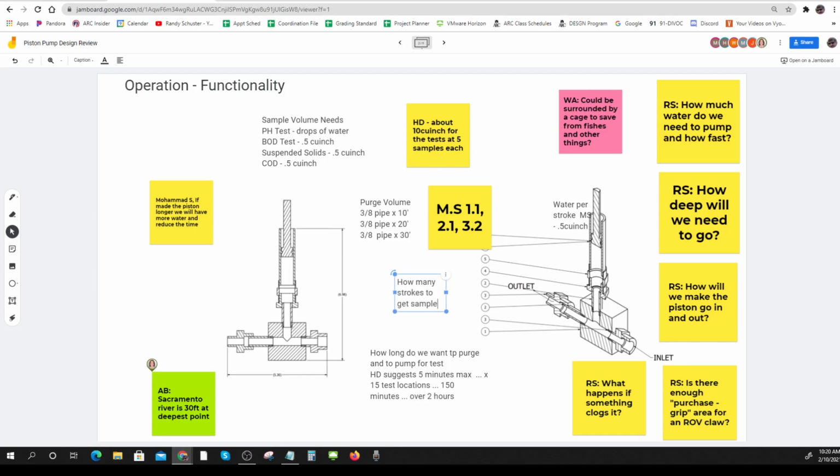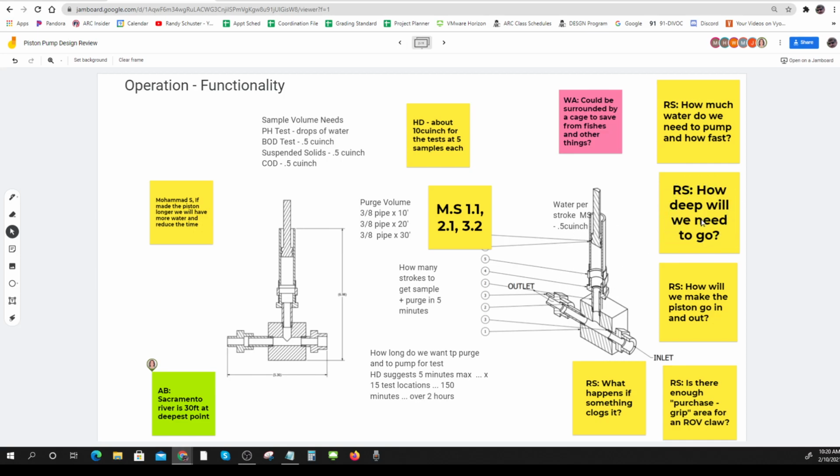Get sample plus purge in 5 minutes. That's what I'm really trying to get at here. And that's going to help us figure out whether this is an okay size or if we might want to look at making it bigger later on.